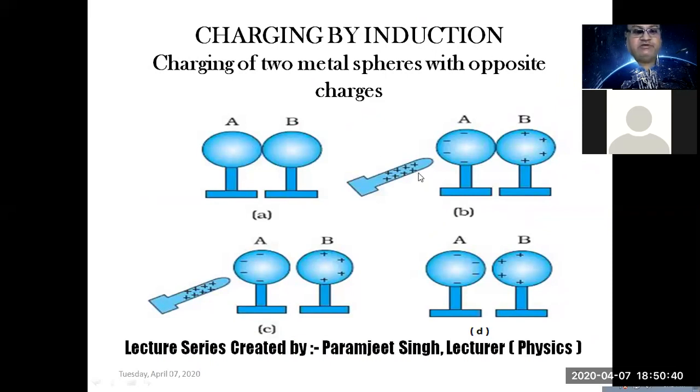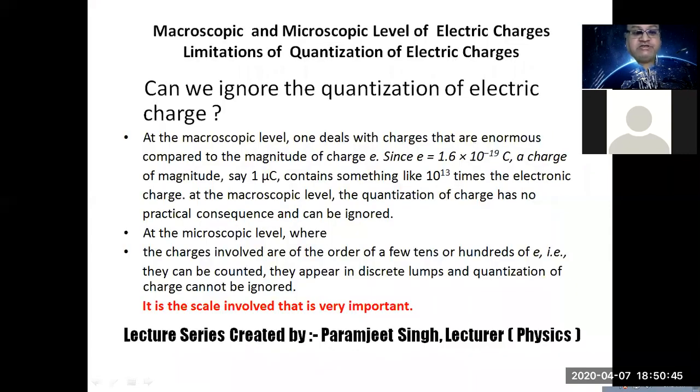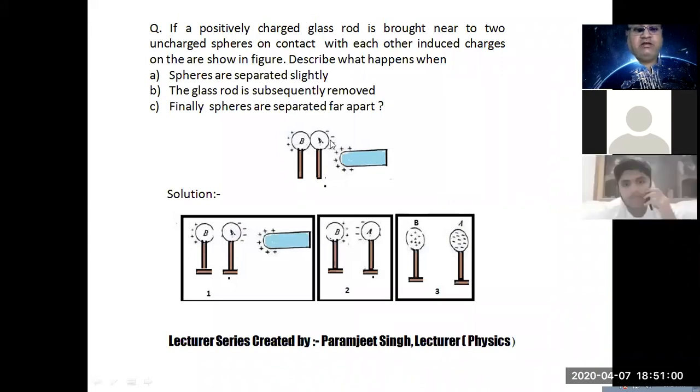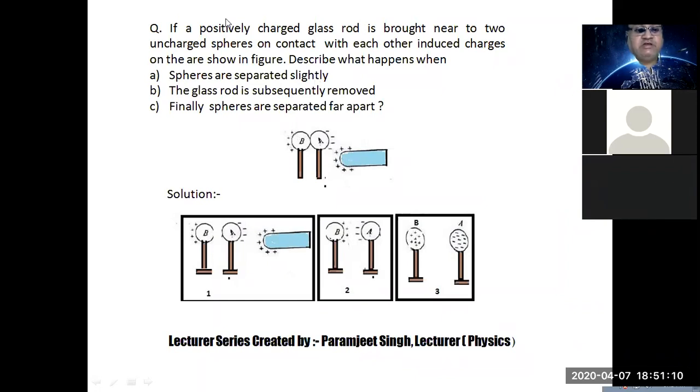We bring a positive charged rod. The same situation is there. This positive glass rod causes induction. Electrons from the farther surface of the metal sphere shift towards this surface of sphere A, making it negatively charged, and the deficiency of electrons makes the other surface positively charged. This whole phenomenon is described in these three lines.